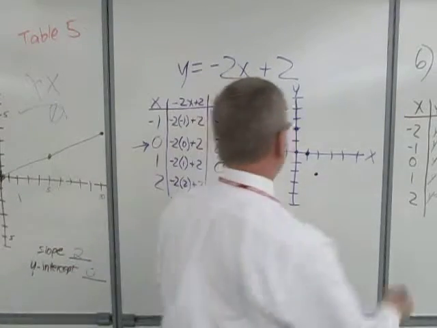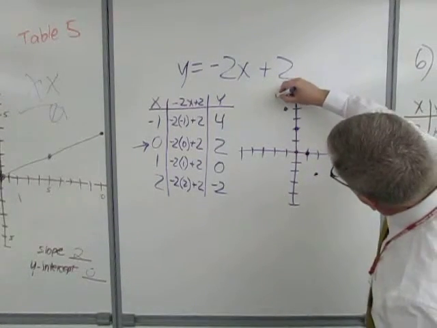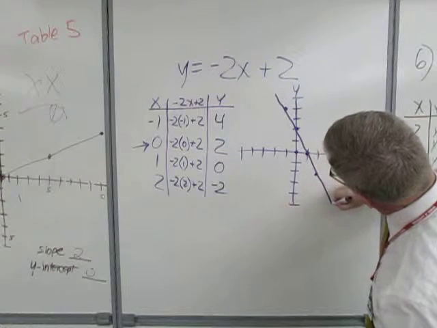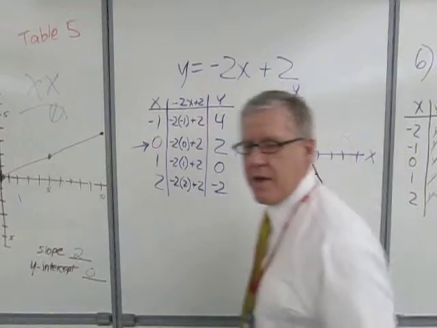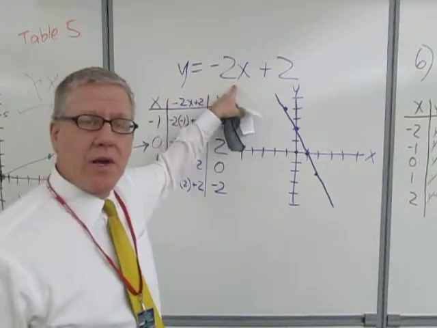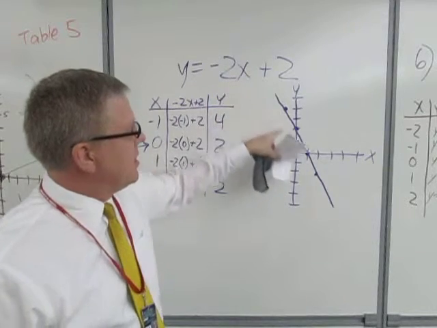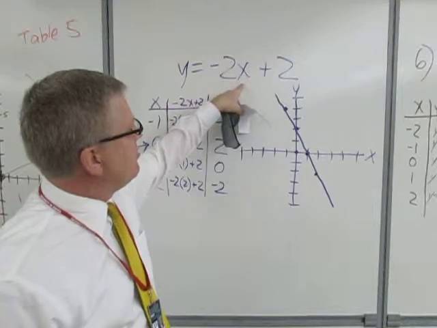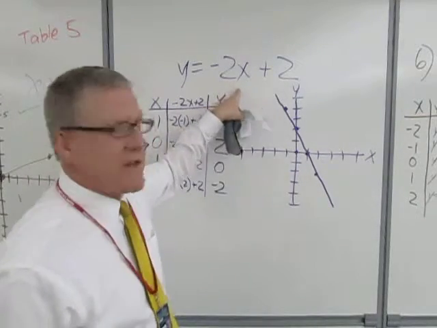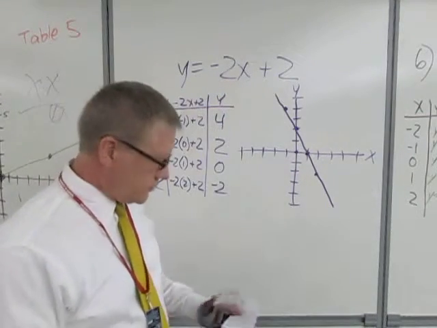Now this isn't going to be a perfectly straight line, but you can see there's our line right there, alright? That is the line shown by this equation right here. Any point you put in for x and y that's on this line will satisfy this equation, alright?